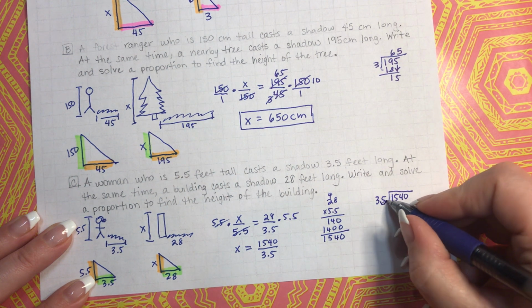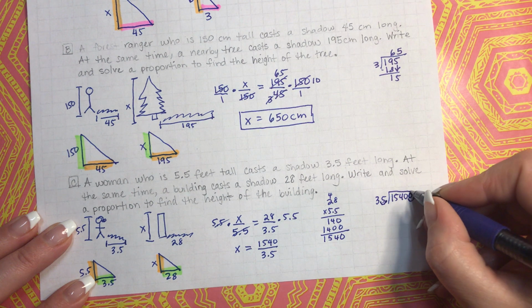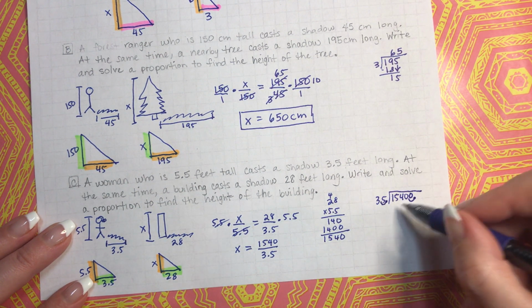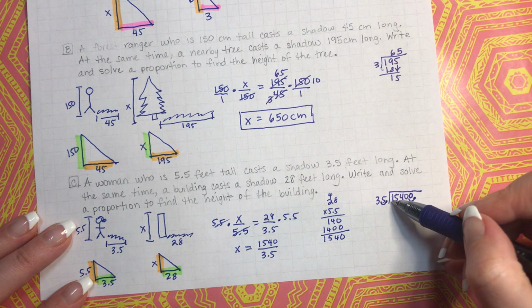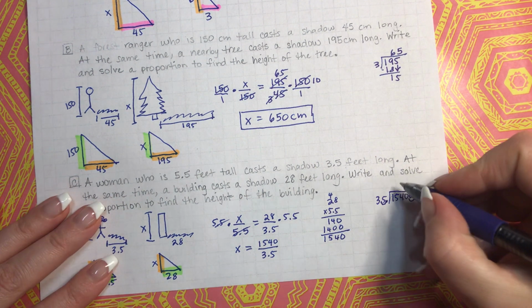And if we move this place over 1, we have to move this place over 1 as well and put a 0 there. So we're looking at 35. Can 35 go into 1? No. Can 35 go into 15? No. Can 35 go into 154? Yes. And I'm going to say it goes in 4 times.